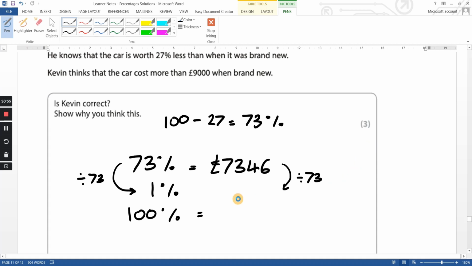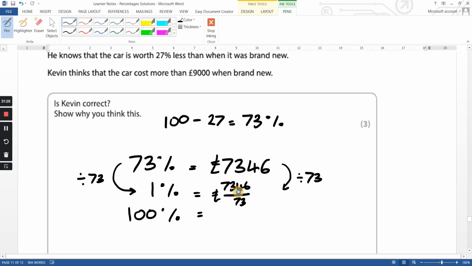I get a weird decimal. I'm going to leave it like this. I know it looks a bit weird, but when I press SD on my calculator, I get 100.63013698, and it goes on forever. It's a recurring decimal.